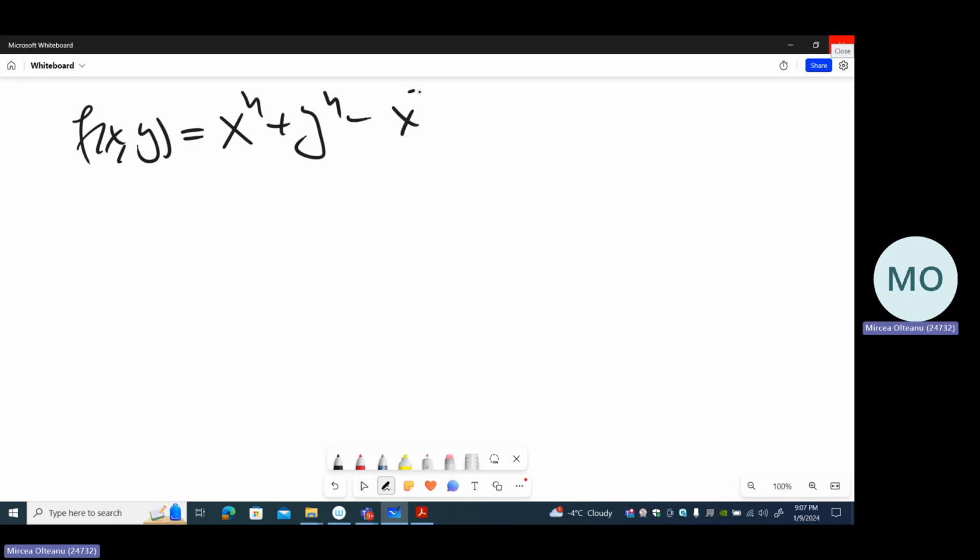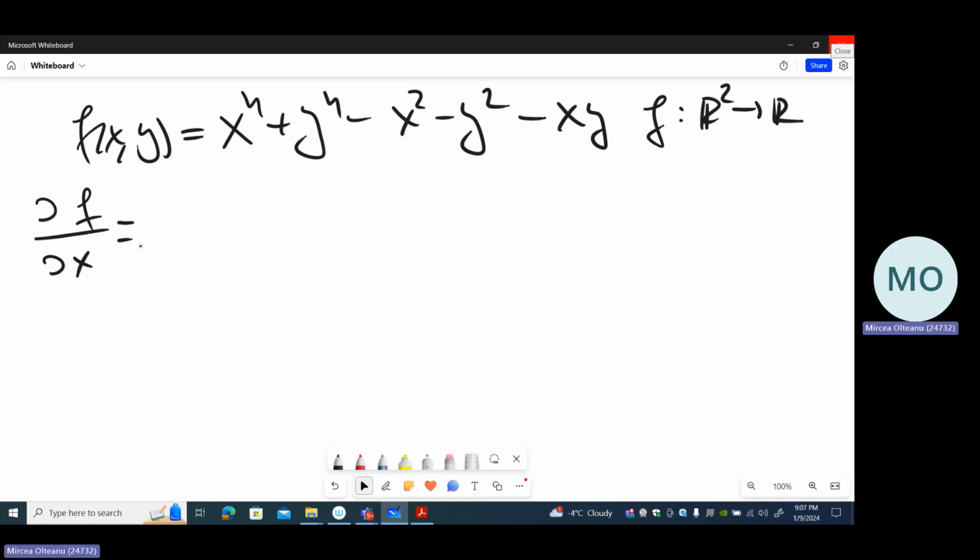Let's consider, for example, the function of two variables, x^4 plus y^4 minus x squared minus y squared minus xy. Of course, the domain is the entire plane. So the question is to find the local extrema. We follow the previous algorithm.